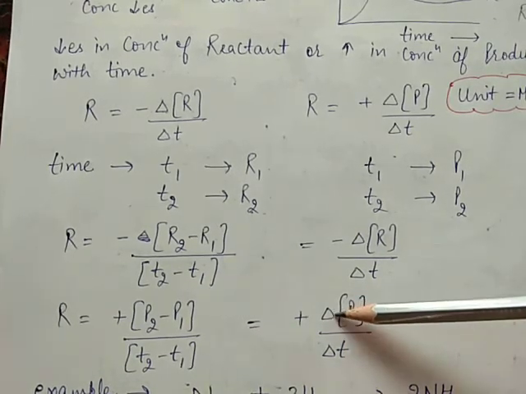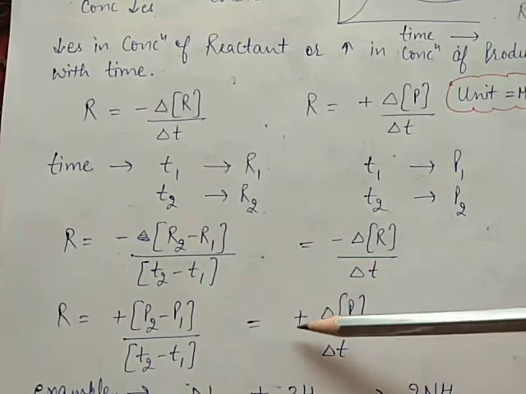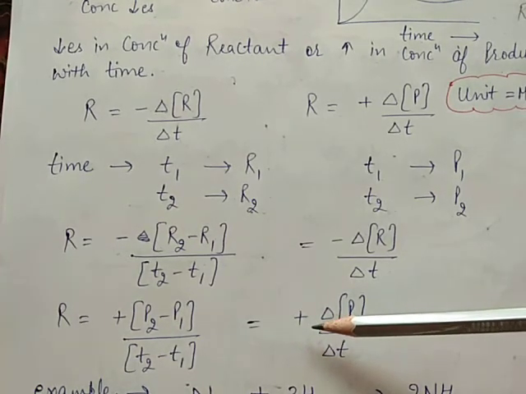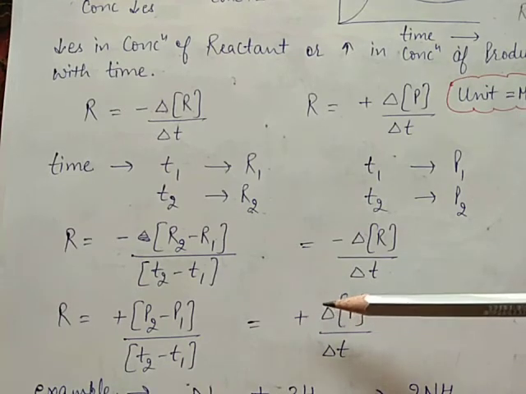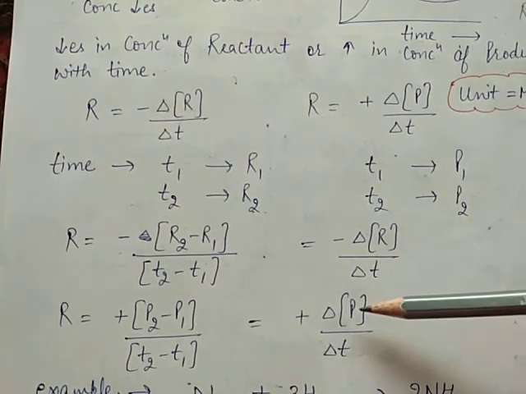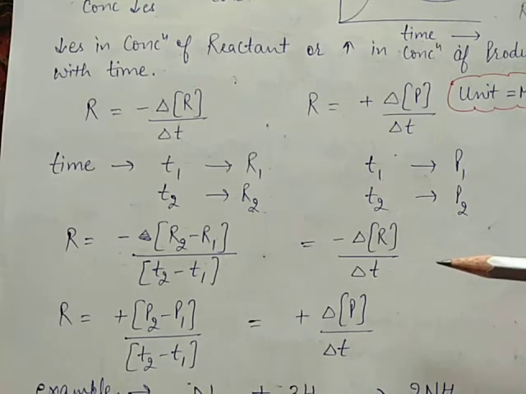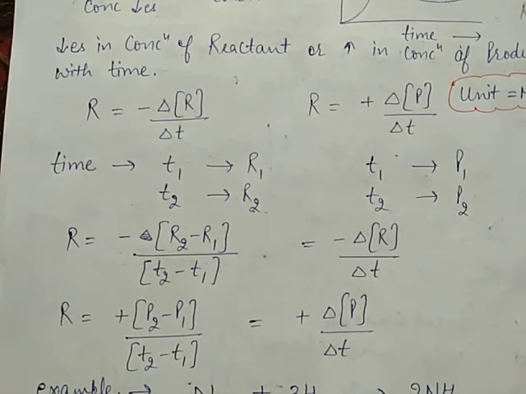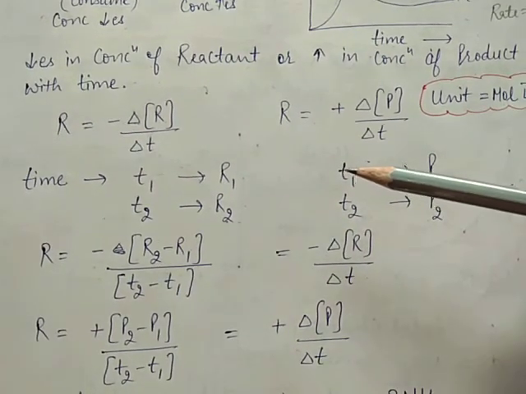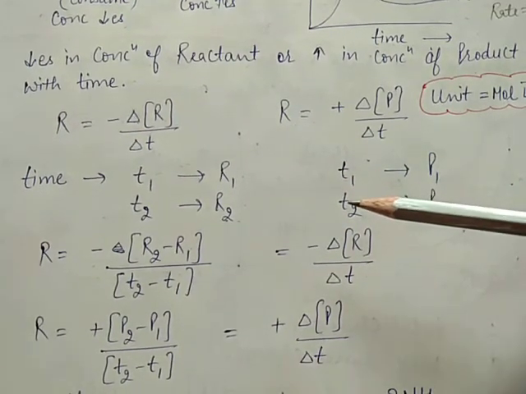Delta is the total change, same in this case, and the plus sign shows the increase in concentration of product. So this is the rate of reaction. This expression of rate gives us the average rate of reaction.